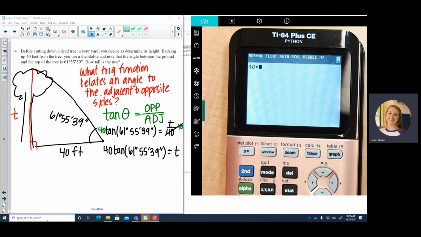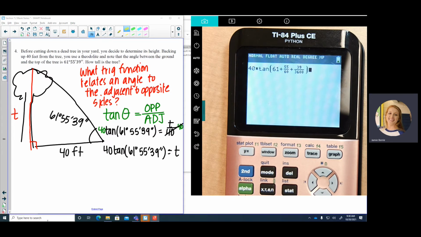Start typing this in: 40 times tangent of, now I have to convert this to decimal notation from degrees, minutes, seconds. So 61 plus 55 over 60 plus 39 over 3600.